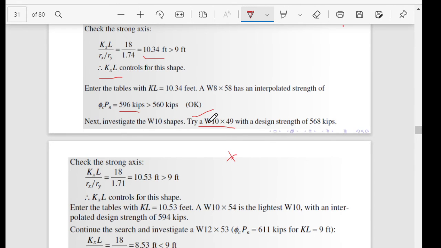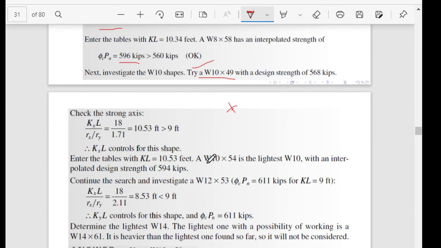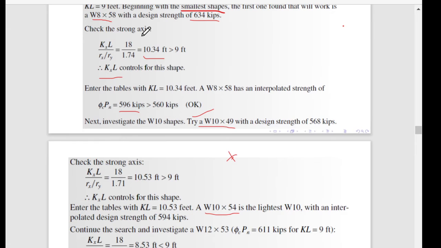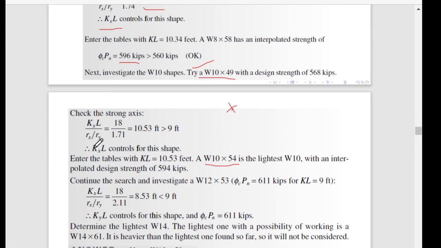So the next lightest W10 shape is W10 by 54. Then again, we try the same procedure. We check the strong axis for that.